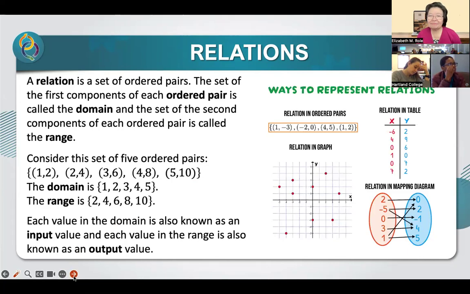Okay. All right. So relations, you are able to present that in ordered pairs. Or like what we did in our graphing, you can also have that in a table. The input value is your X, the output value is your Y. So in general, the domain is X, which is the independent variable, and your range is the Y. Or you can put it in a graph.